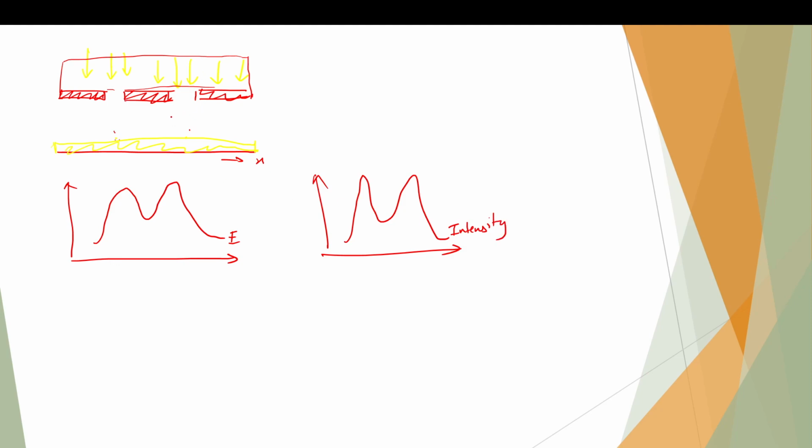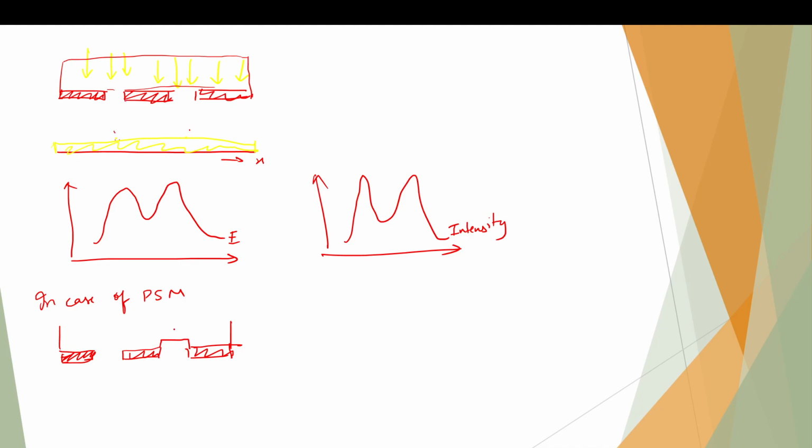But if I now use a phase shift mask, what we do is, again we have a glass and there is a chrome here, there is chrome here also, there is chrome here also. But now I will etch this glass a little.